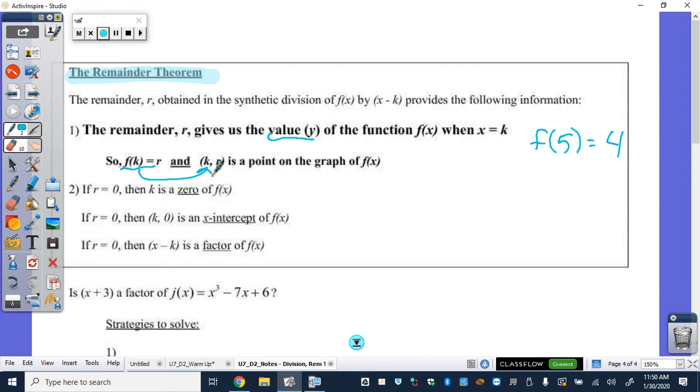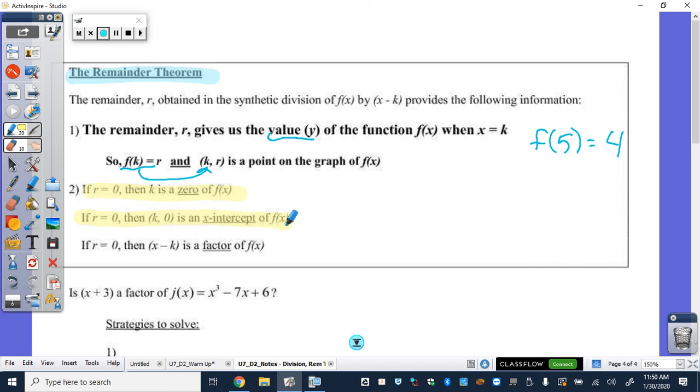A couple of things to keep in mind though, if our remainder ends up being a 0. If your remainder is a 0, that means whatever value you plugged in is a 0 of your polynomial function, so it's going to be somewhere on the x-axis.